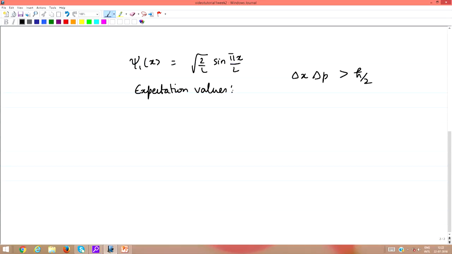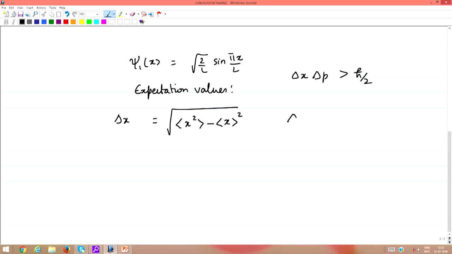and the first definition that you must remember or recall is that the uncertainty in the position is given by this formula: it is the square root of the difference between the average of the square and the square of the average.